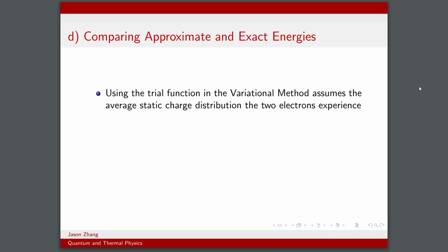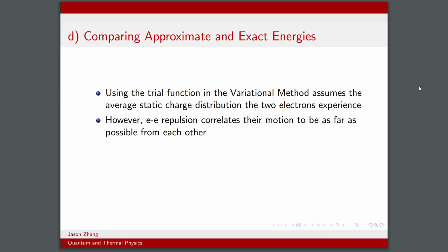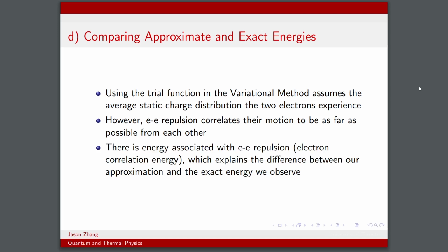So now we want to compare our approximation and the exact energy. Using the trial function in the variational method assumes the average static charge distribution that the two electrons experience. Now this is not exactly what happens in real life, because the electron-electron repulsion will actually correlate the motion of the two electrons, because they want to be as far away from each other as possible due to their like charges.